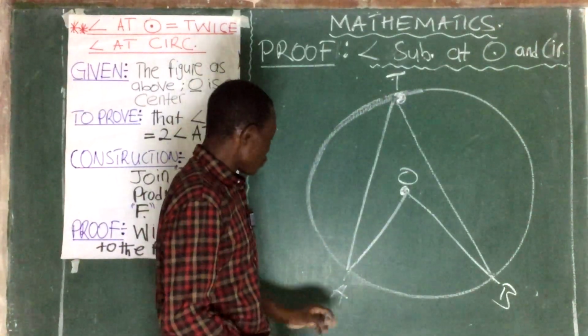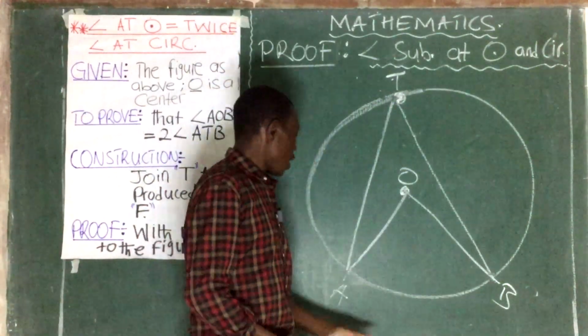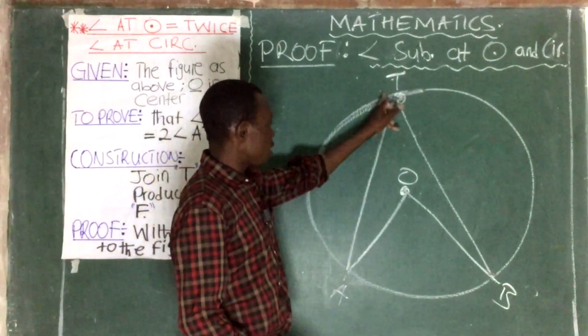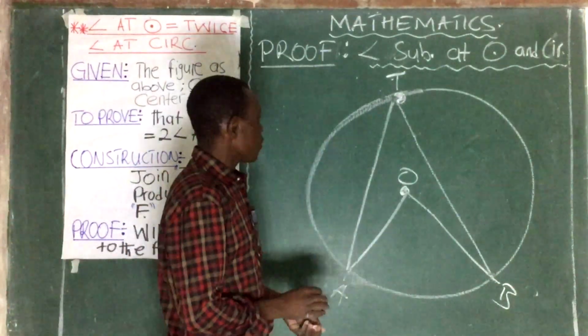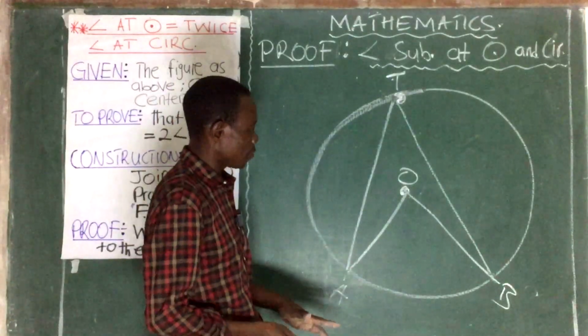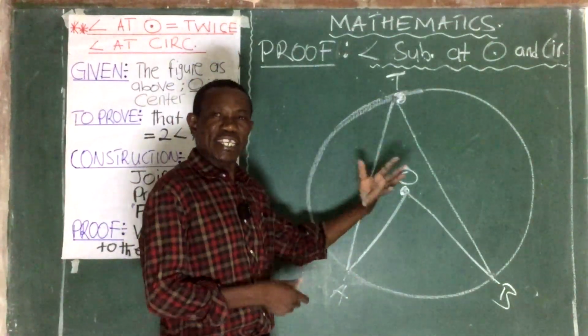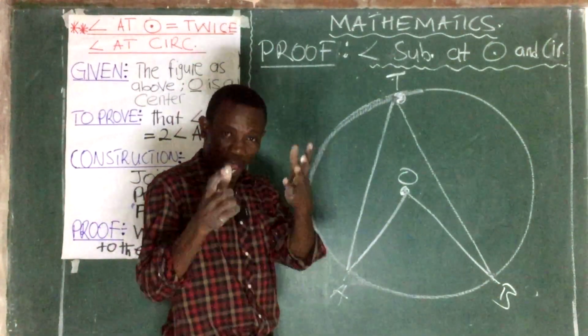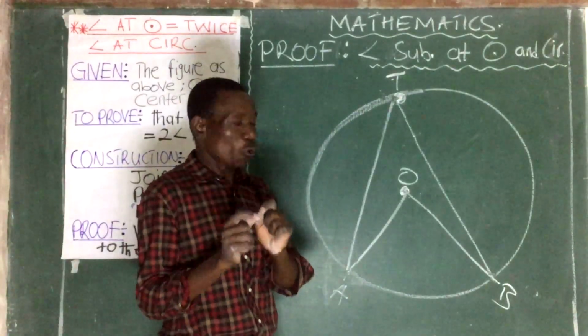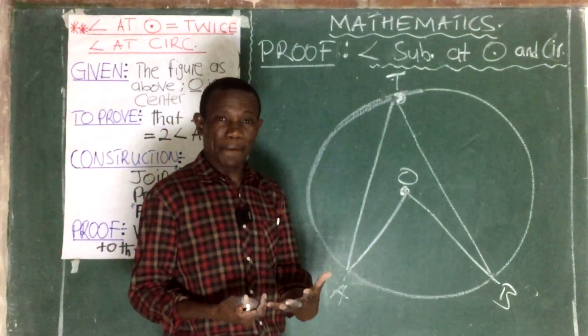Now, how do we show that one out? Right. For us to show AOB is twice ATB, we need first of all to look at the diagram as such to say, is the information enough for us to show the statement?